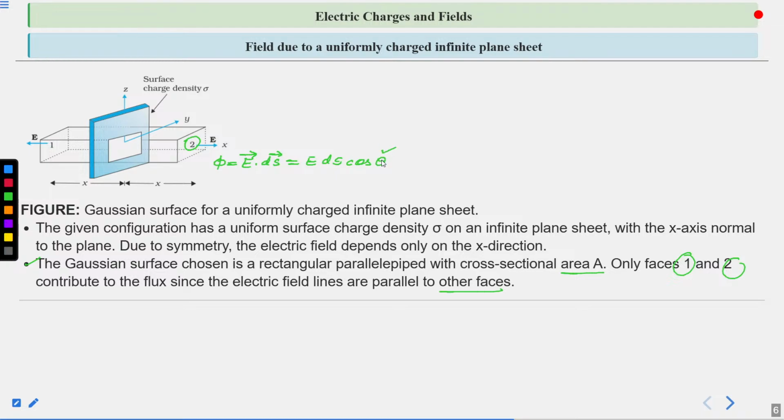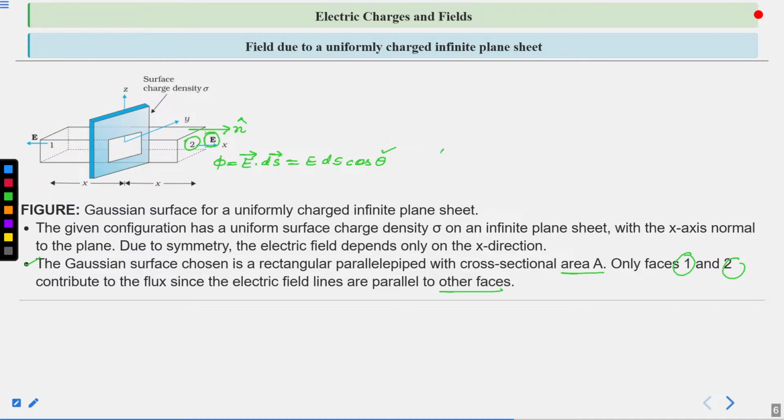The direction of the electric field is along the x-axis and the area vector n cap is perpendicular to the plane, so the electric field and n cap are parallel.